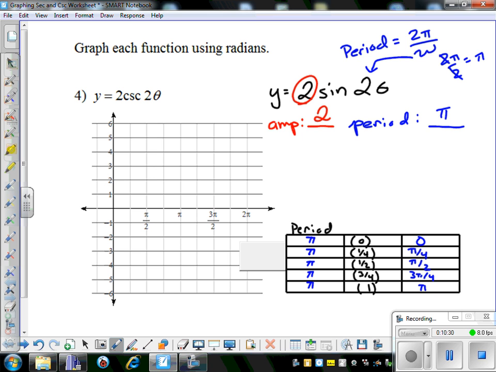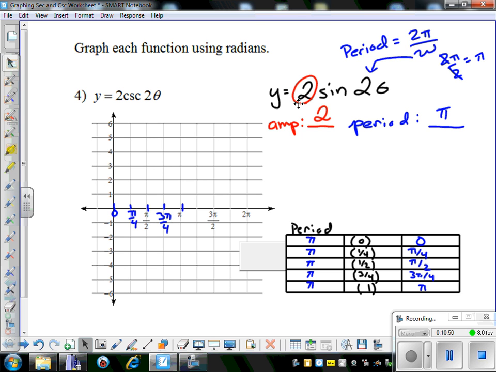And those will be our 5 points on one period. Those will be my 5 notches or my 5 x points.